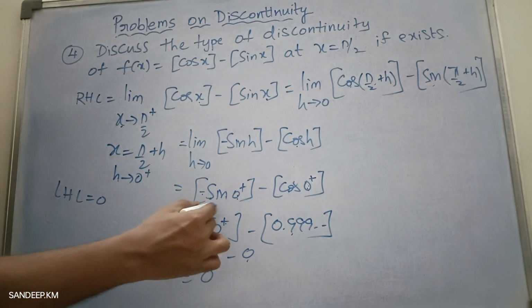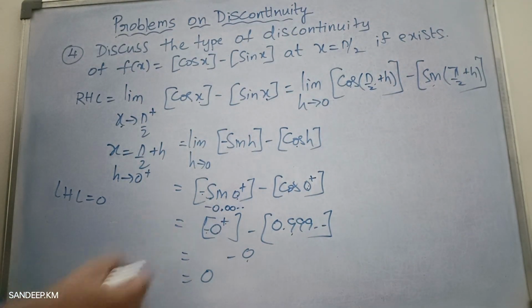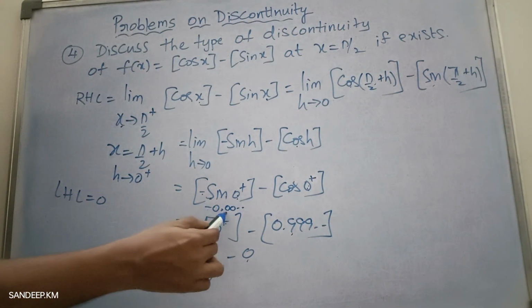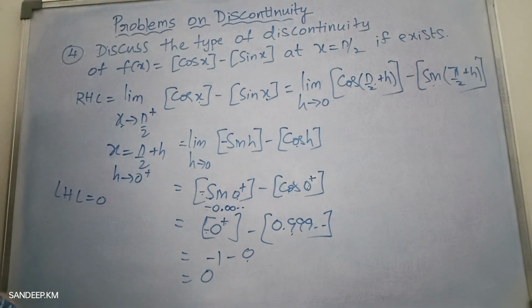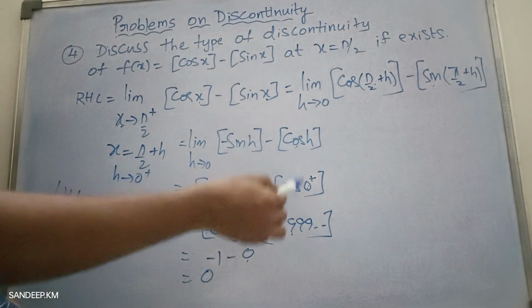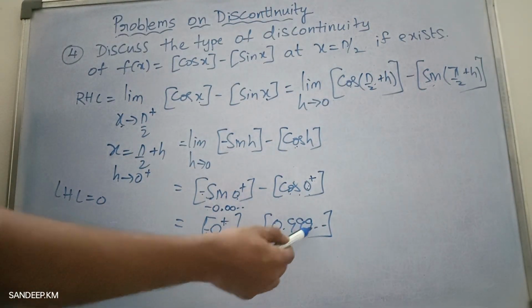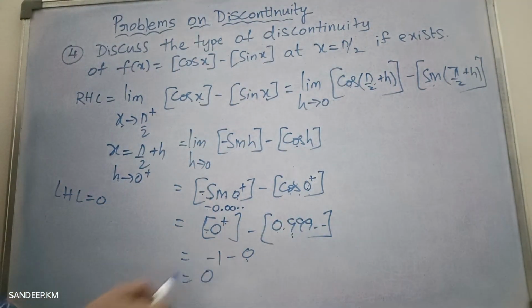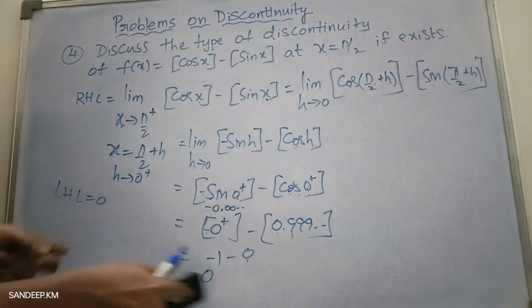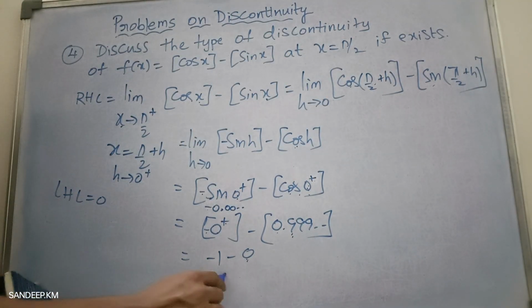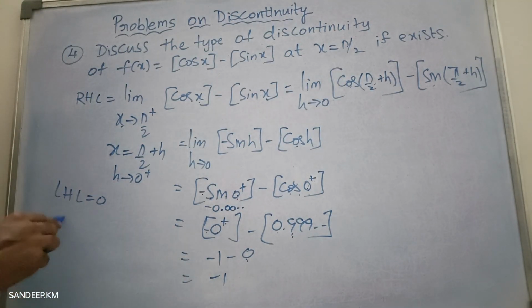Minus 0 plus means minus 0.000 something, and step of minus 0.00 something is minus 1. Here there is no change. We will get what? Cos of 0 plus, so 0.99 and so on, and its step is 0, and minus 1 minus 0 is how much, dear students? Minus 1.